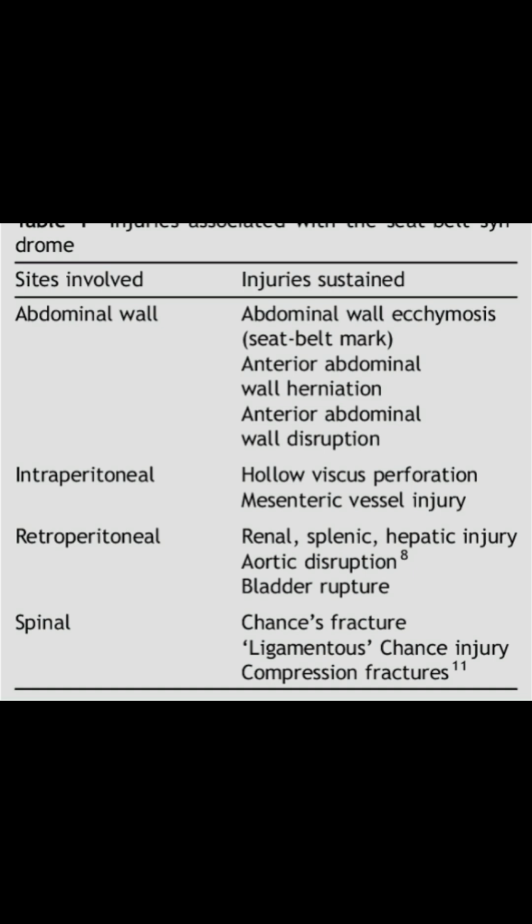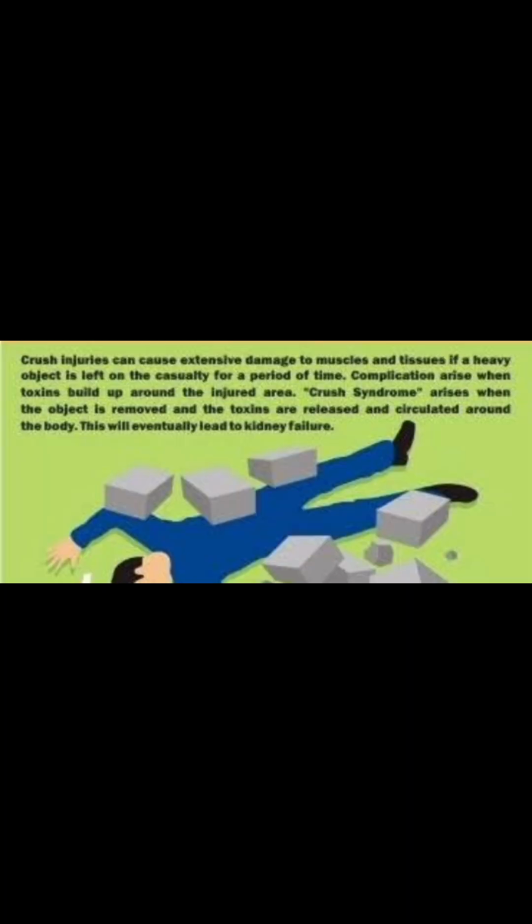Next we will discuss flail chest. That means fracture of two or more adjacent ribs in two or more places with a loss of chest wall stability. The clinical manifestations are paradoxic movement of the chest wall, respiratory distress, and associated hemothorax, pneumothorax, and pulmonary contusion.